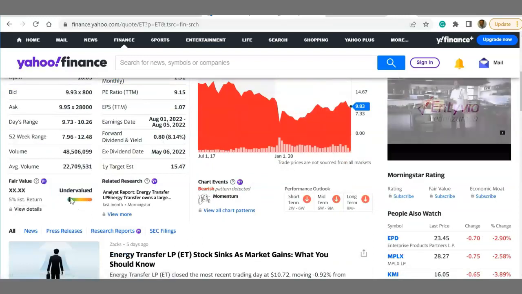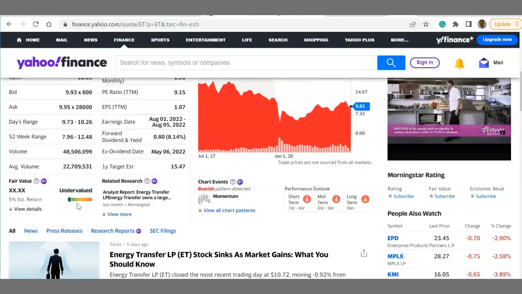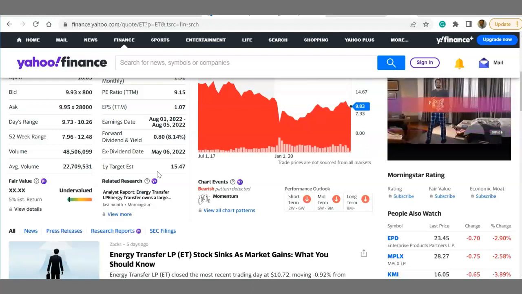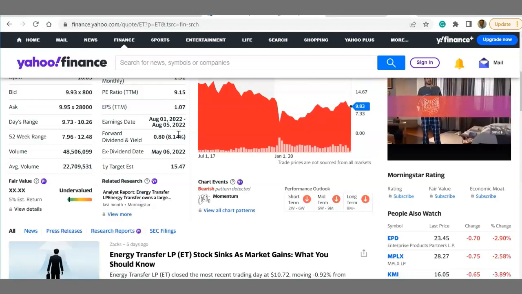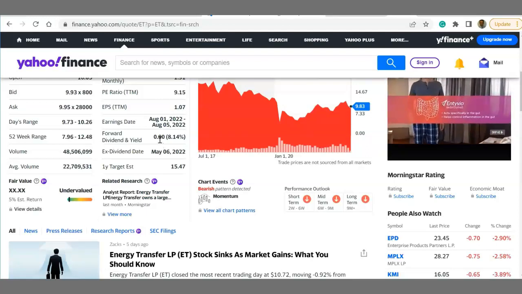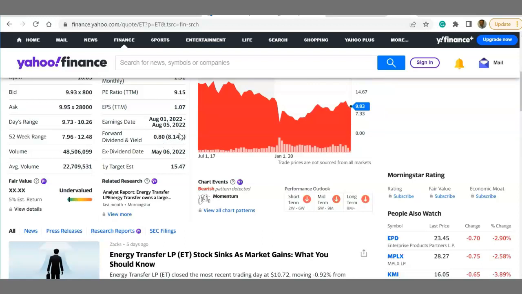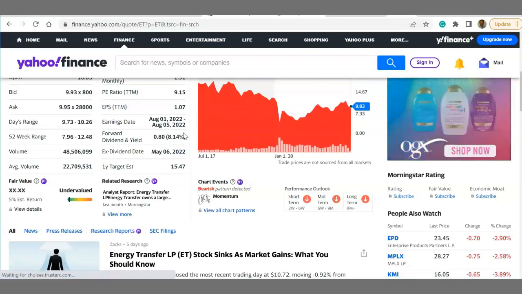But you can confirm this by the knowledge of whatever we learned today. By just looking here it's undervalued, but we're going to confirm this. Earning per share is $7, so it's good. And also it pays like 8%, 8.14% dividend. So that's also good. So we have a good return on this investment.